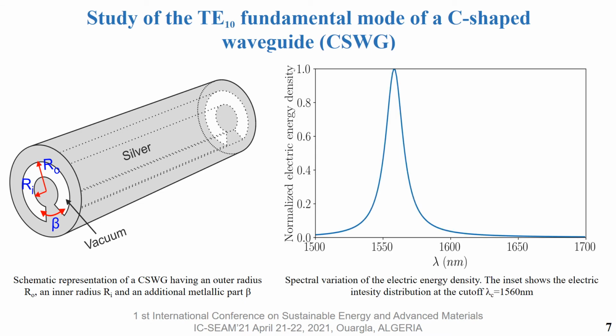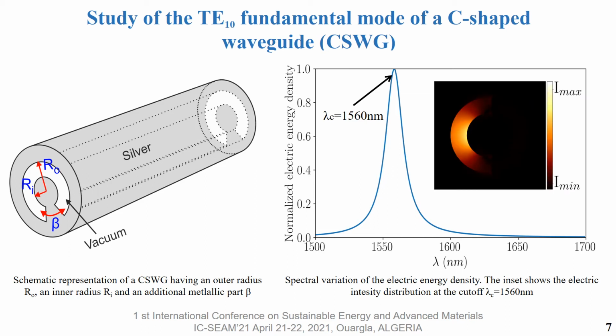After that, we calculate the spectral energy density displayed over here, which exhibits a cutoff wavelength of the fundamental mode at lambda equal 1560 nanometers. Then we calculate the electric intensity distribution at the cutoff, which shows one lobe of energy, thus confirming the TE10 nature of the C-shaped waveguide fundamental mode.